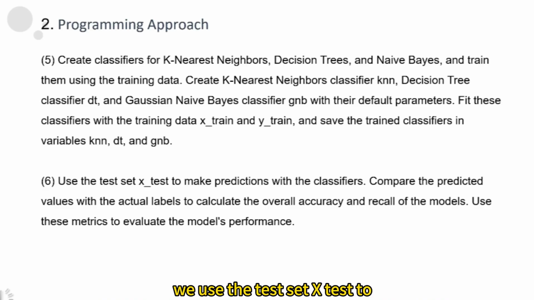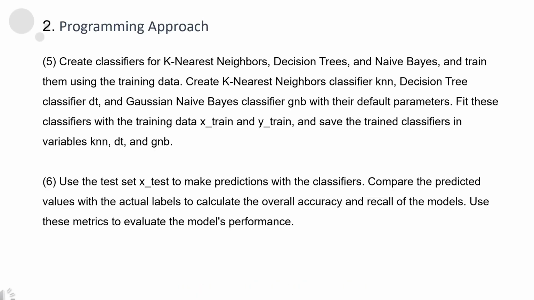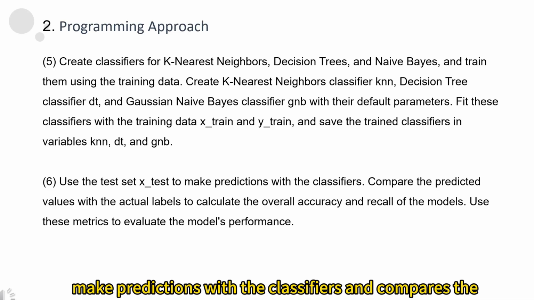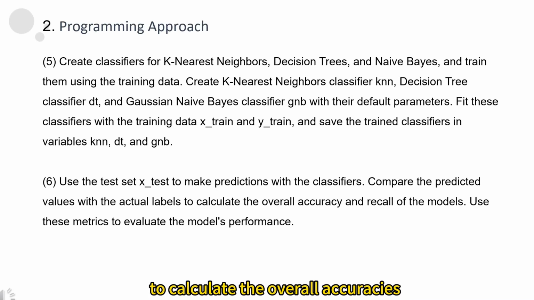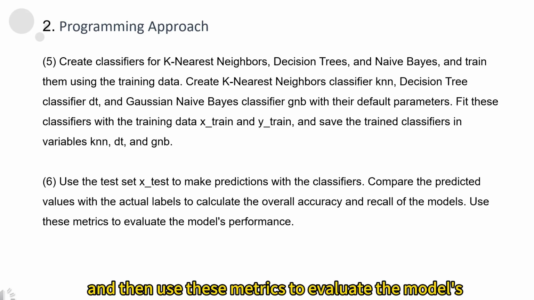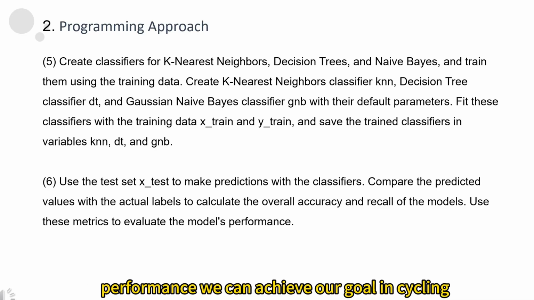We use the test set xtest to make predictions with the classifiers and compare the predicted values with the actual labels to calculate the overall accuracy and recall of the model. And then use these metrics to evaluate the model's performance.